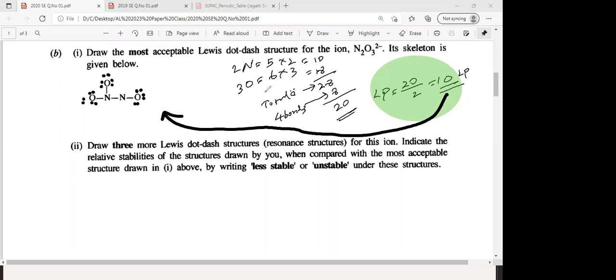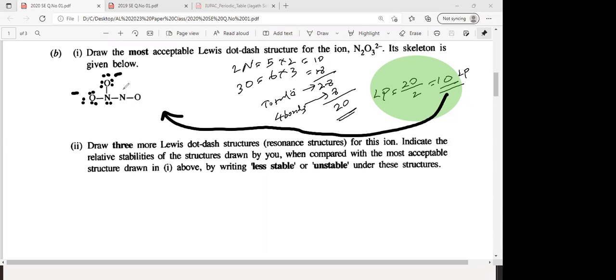Wait, one more thing. You have to put a minus charge on this. Now there's a minus charge here. So I'll carry this one minus charge. You have to allocate for this. Wait, before that, this nitrogen I'll put 1. The least electronegative one is this.